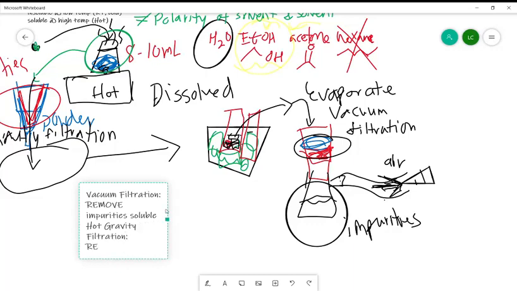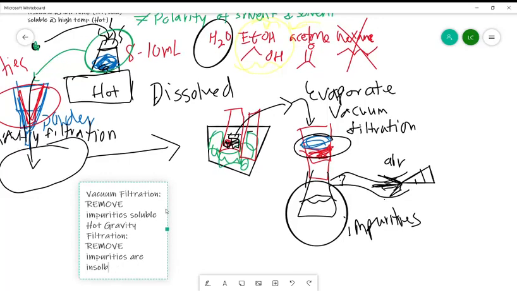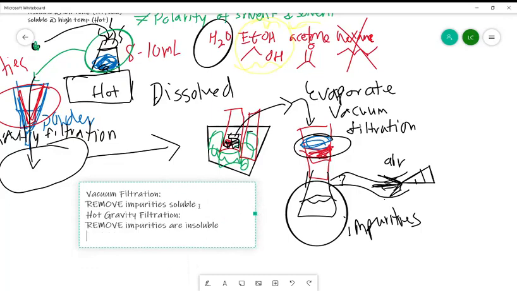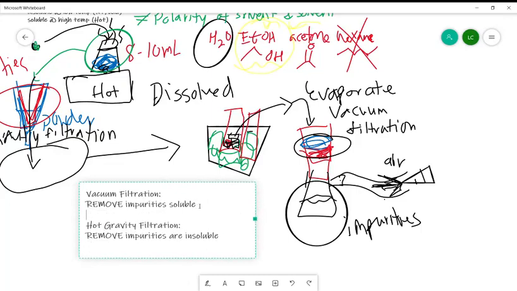You remove impurities that are insoluble. And another thing that's important to note is the vacuum filtration is done at cool temperatures, or room temperature and lower, so basically cold. And hot gravity filtration is done at hot temperatures.